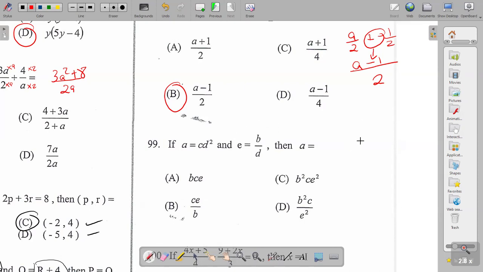So since E is equal to B over D, but we want D, this is what it's telling you what to do.